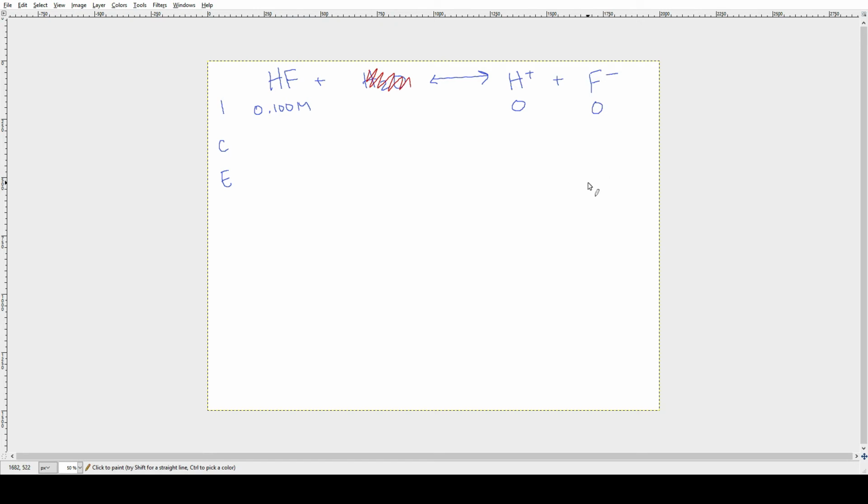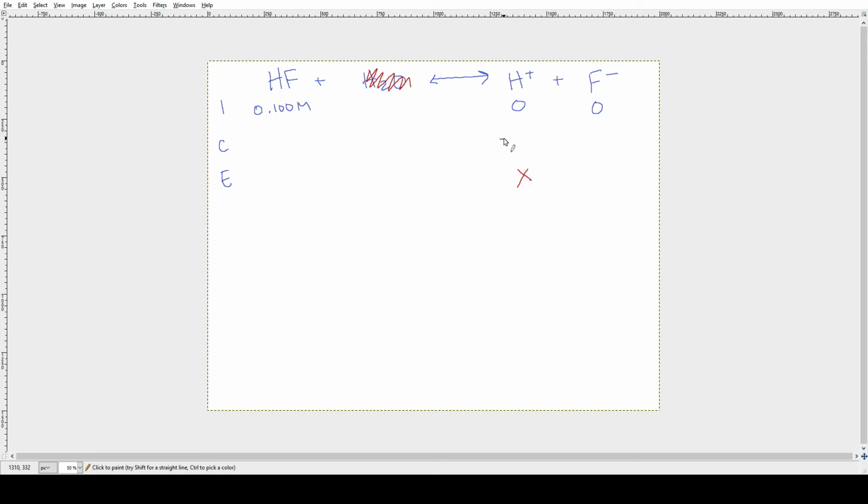So your first step now is to assume that something is equal to x. I'm going to assume that H is equal to x at equilibrium. Just assume it. It's fine. Doesn't matter what you assume as long as you assume something. I would not recommend assuming x is equal to whatever you know the initial concentration of. Pick something that had a concentration of 0 at the beginning.